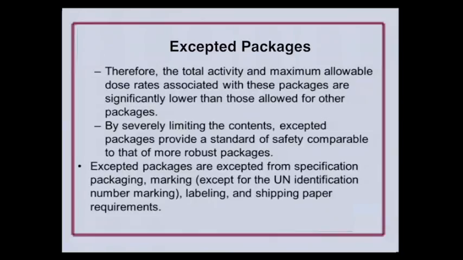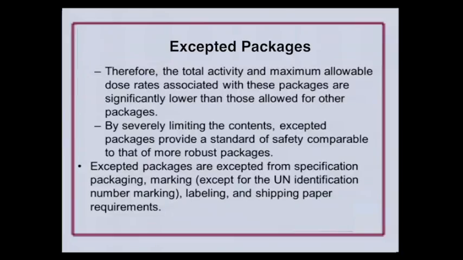They are excepted from the required marking, packaging, labeling, and shipping paper requirements. They're not as controlled. When we get into some of these other ones, you'll see that there are some very specific ways that you record the proper shipping name. We won't get there tonight.